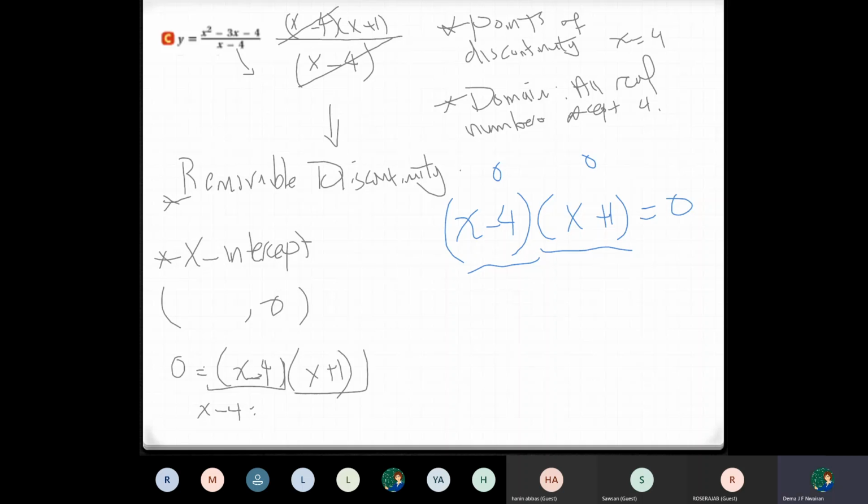So if you have two functions that are multiplied and the answer is 0, one of them will be 0, the first one or the second one.